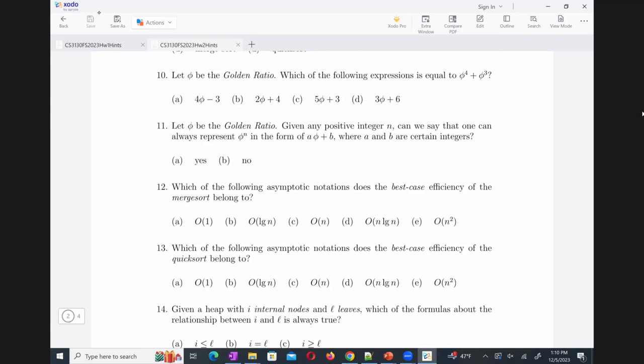True or false? Because here you need to consider all possible integers n, but nobody can test it for all possible integers n, right? Impossible.